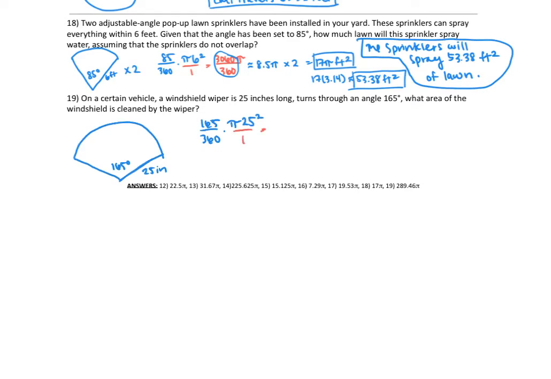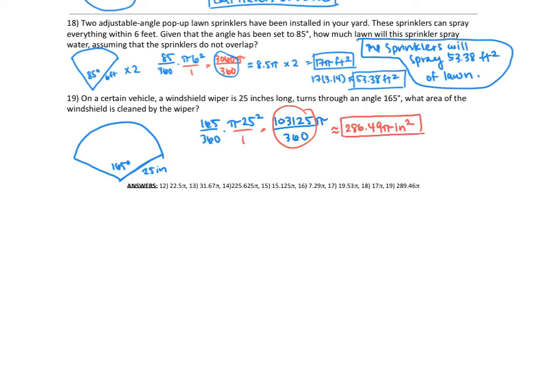So 165 times 25 squared is 103,125 pi over 360. And then we divide here. We get about 286.49 pi, and my units are inches squared.